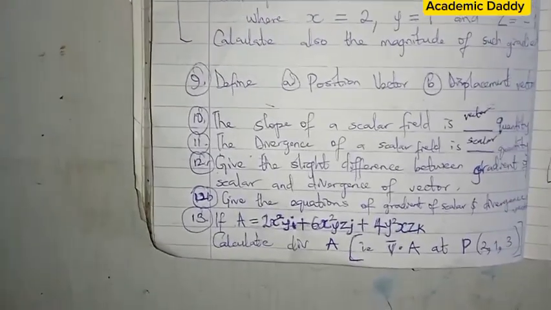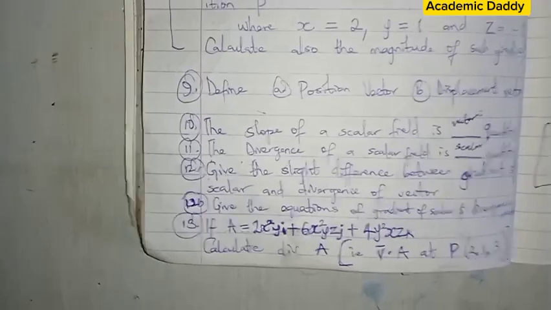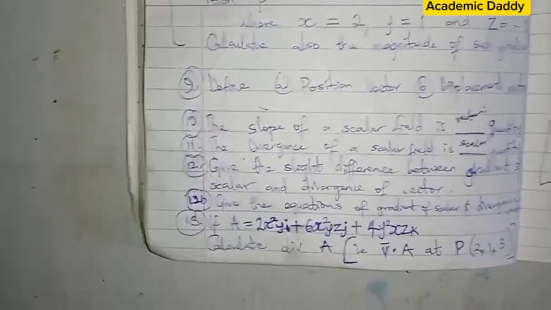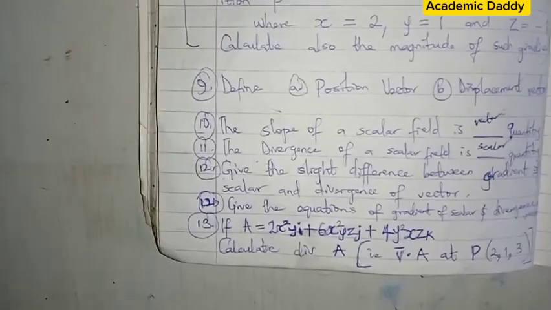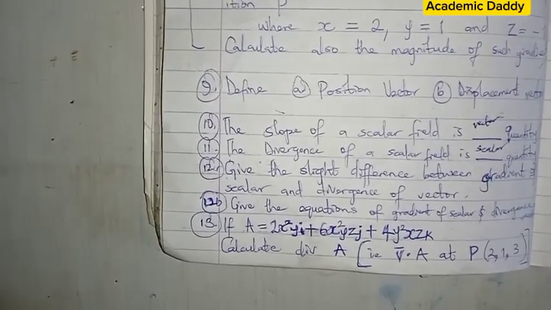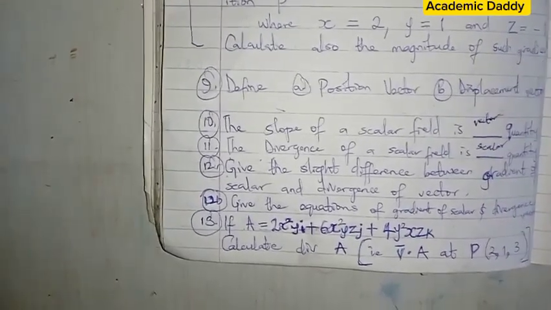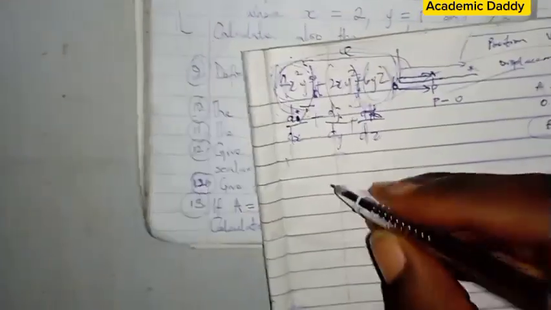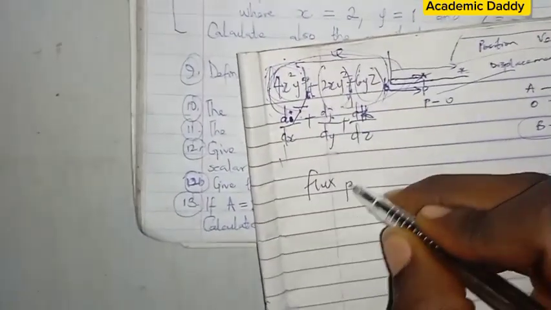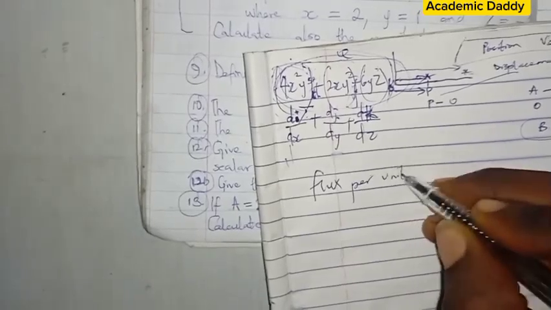Everything should not be on a platter. So write all these things so you'll be able to think and make your own notes. So when it's divergence, it always comes with telling you that this is what is happening on the x-axis, y-axis, and z-axis. So we say that it is flux per unit volume.